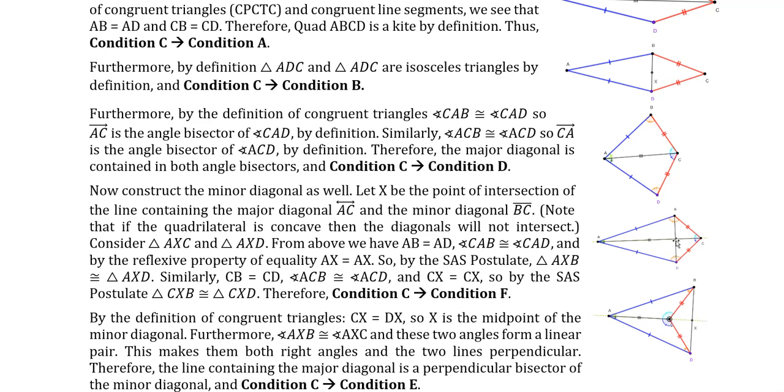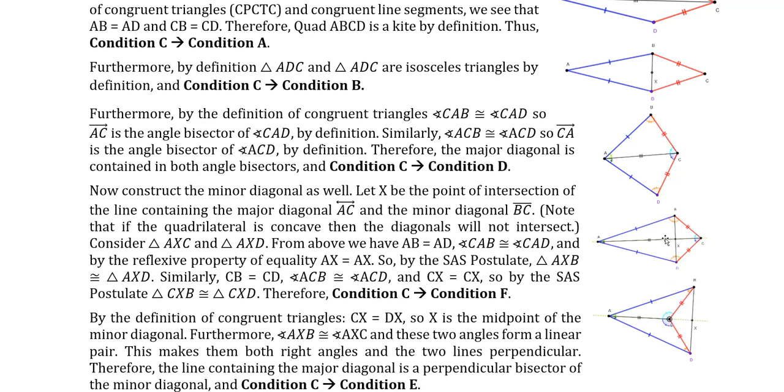So that intersection point may be in the interior of the kite, or the exterior of the kite. Either way, we've got some right triangles here. Let's look at the blue one here. ABX and ADX are both, well, we haven't proved that they're right triangles yet, but we do have two triangles there that we're going to show are right triangles.